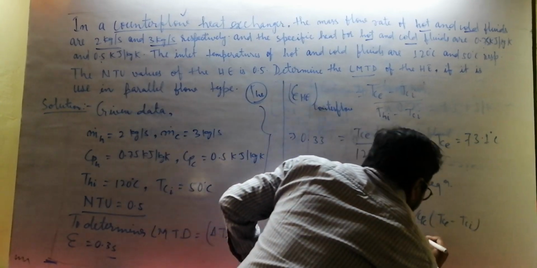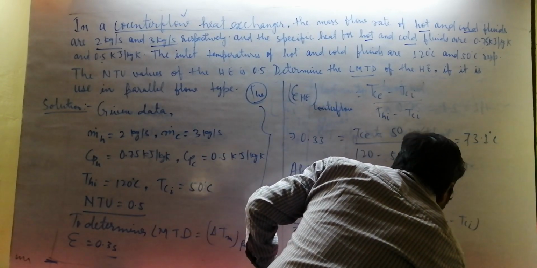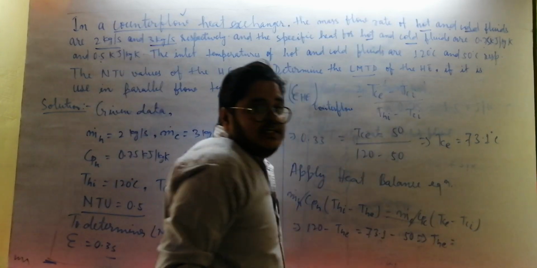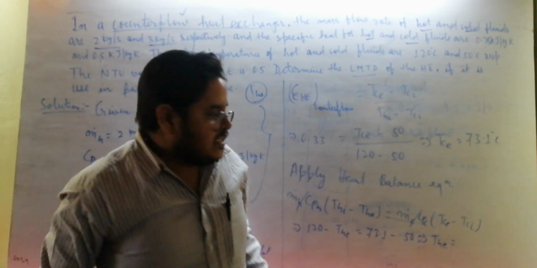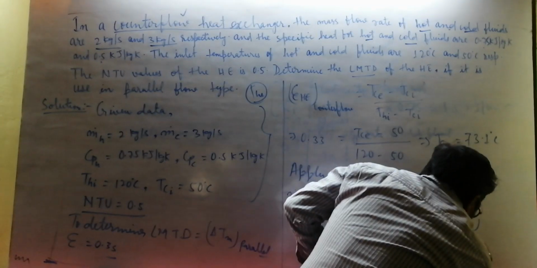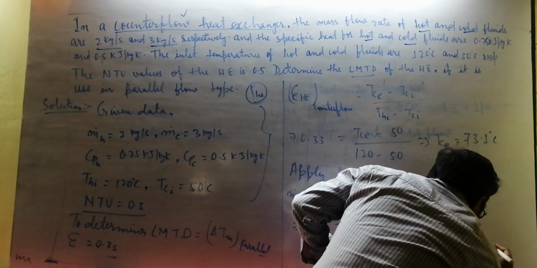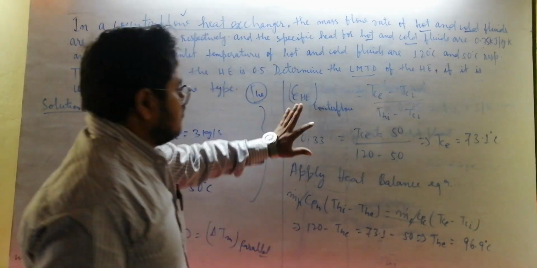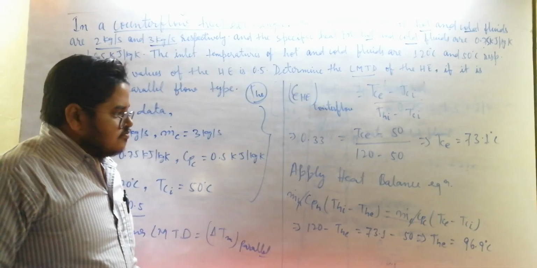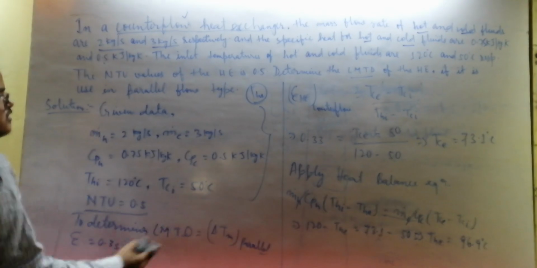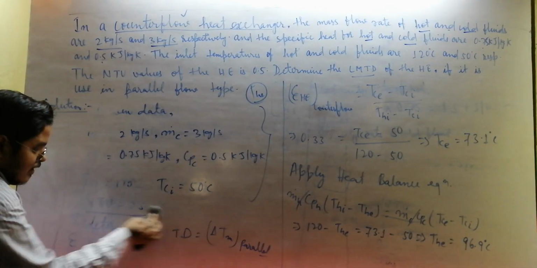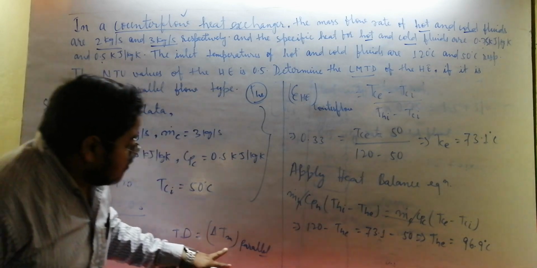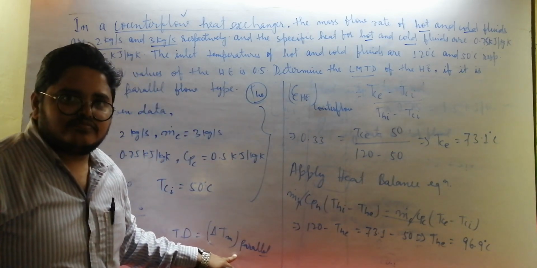When I calculate, then The equals 96.9 degrees Celsius. I got all the four values. When I got all the four values, then I can find out this LMTD value.